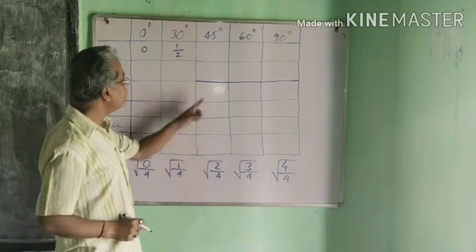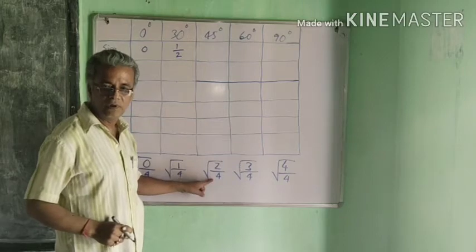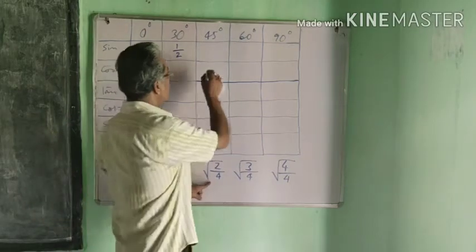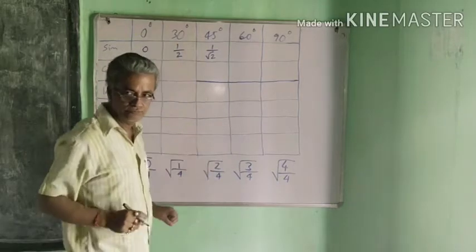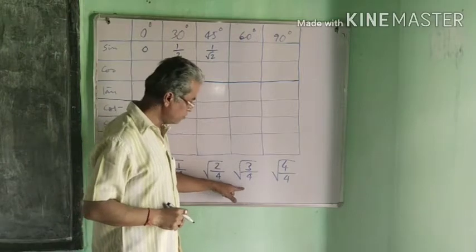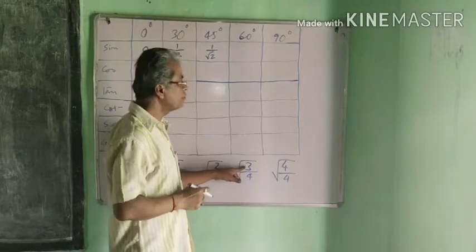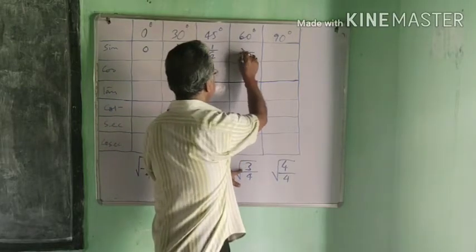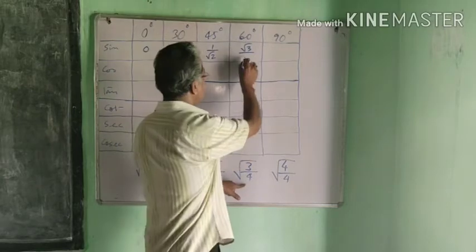Now sine 45 degree, 2 divided by 4 is half. Square root of half: square root of 1 is 1 and square root of 2 is root 2. Then 3 by 4. 3 is not divisible by 4. So square root of 3, sine 60 degree will be square root of 3 divided by square root of 4, which is 2.